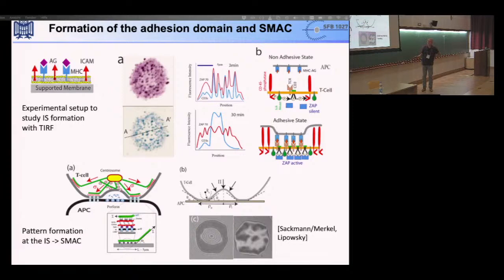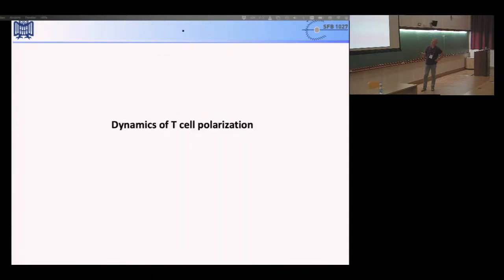For which reason? Probably simply because the vesicles, these granules, which one sees very prominently under the microscope, are close to the centrosome. And then you bring essentially the ammunition with the centrosome close to the synapse. So that is what's happening.